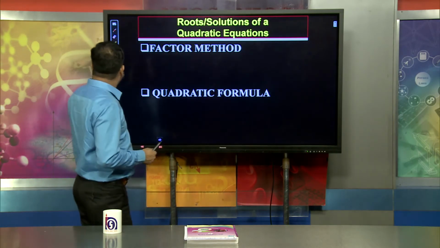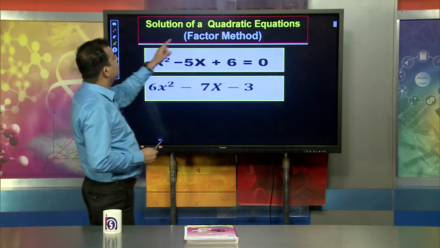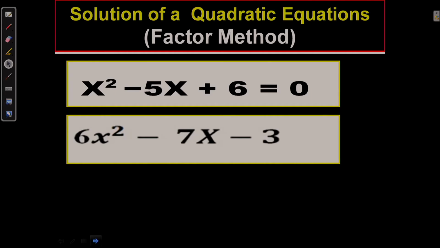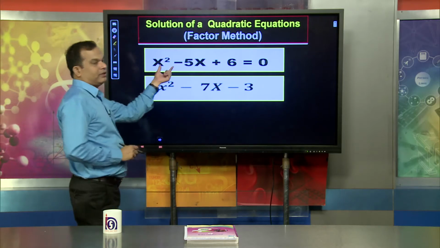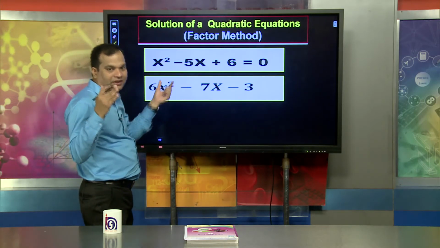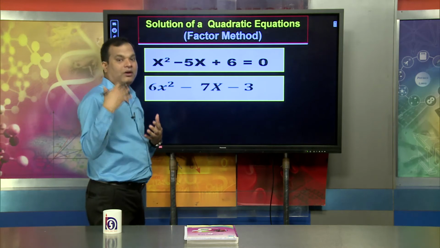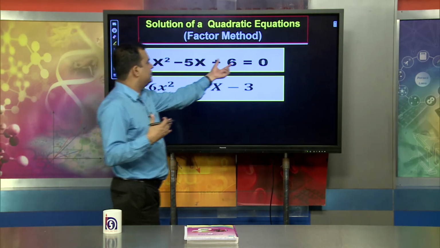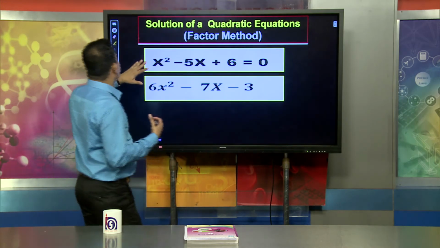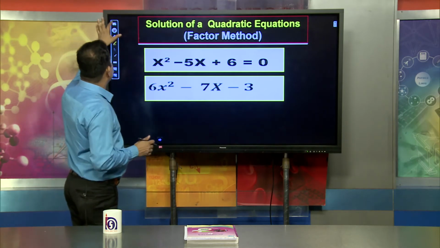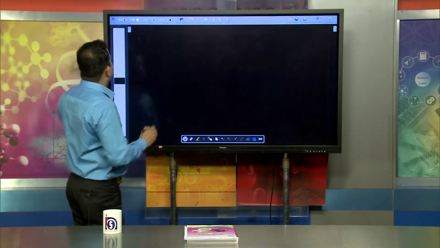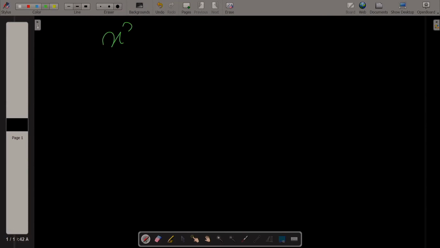Okay. Dear learners, right now we have to see how to solve the quadratic equation x square minus 5x plus 6 equal to 0. The first question is, is that a quadratic equation or not? Yes, that is a quadratic equation, because it is in the form x square plus bx plus c.